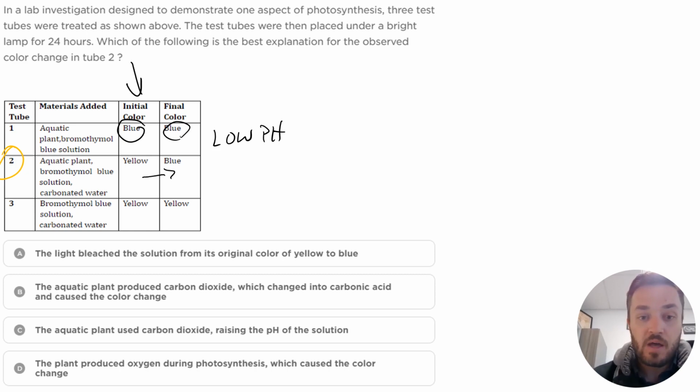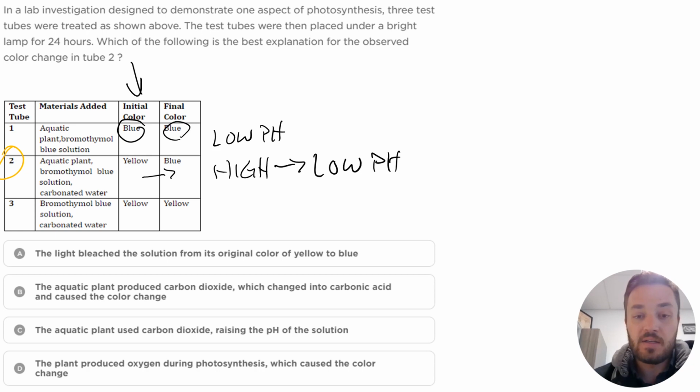So it goes from a high pH to a low pH, which the plant is involved in. And that makes sense because it's pulling, scratch that, reverse that. It goes from a low pH to a high pH, which makes sense because the plant is pulling carbon dioxide out of the solution, which makes it not be acidic, that is to say basic, right? And so we're getting a higher and higher pH.